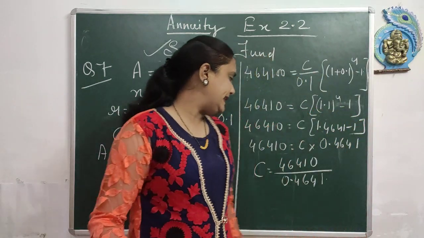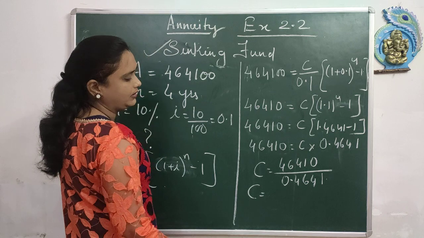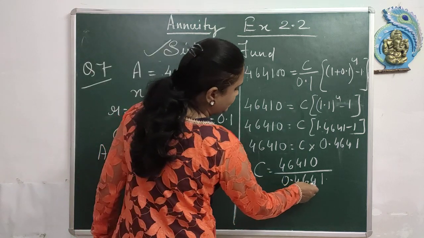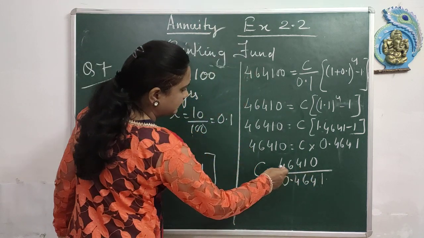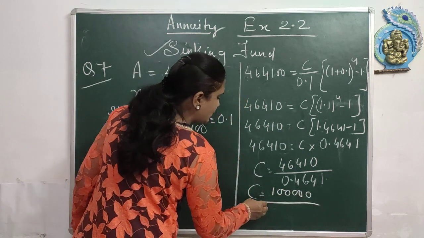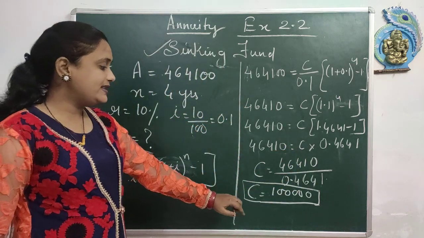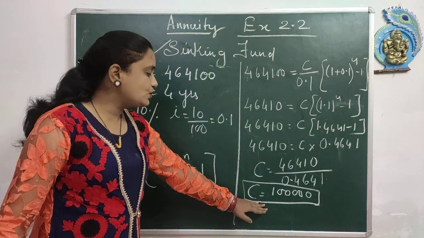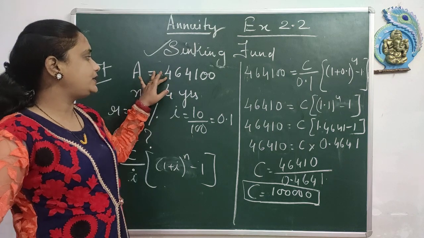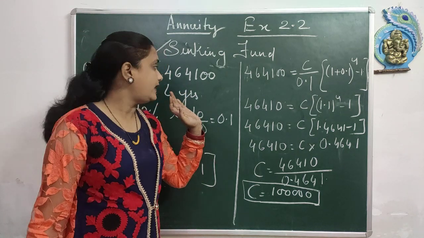Okay, so C will be 1 lakh. So your C, that is every year she should invest rupees 1 lakh, so that the accumulated amount after 4 years will be 4,64,100.